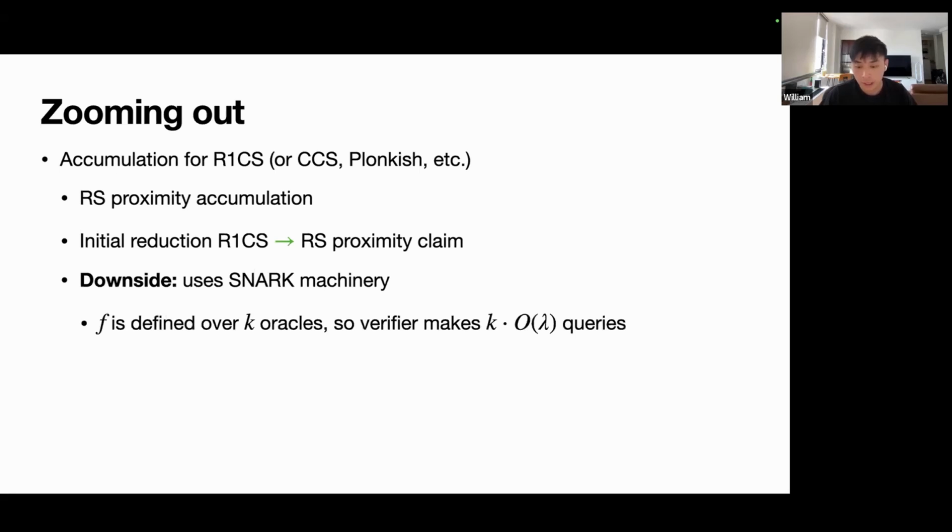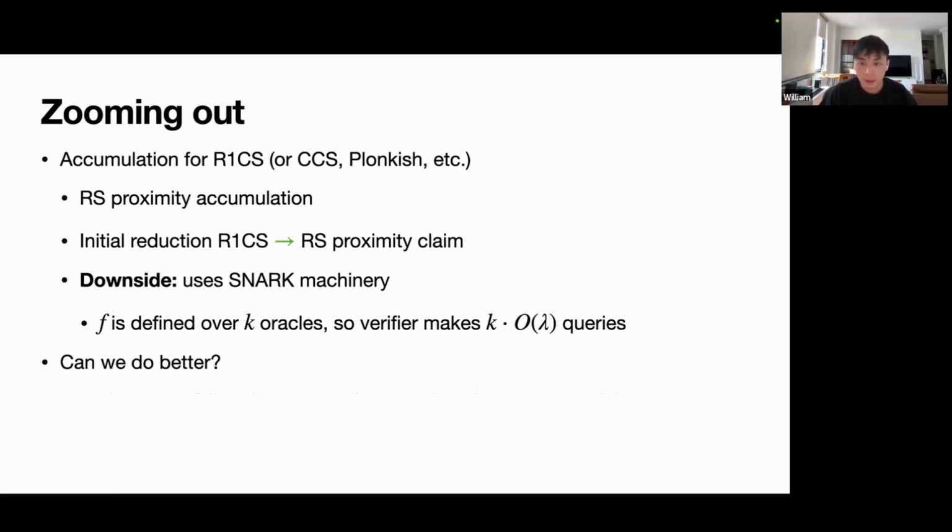And therefore, the verifier is making k times O of lambda queries, O of lambda queries to each oracle in order to query the virtual combination F. So the natural question is, can we do better?